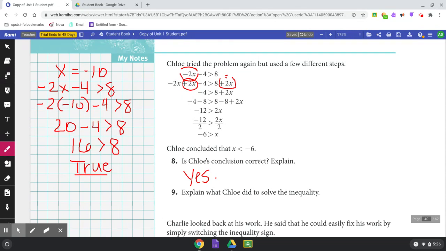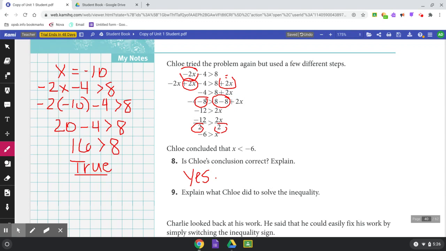But then she subtracted 8 from both sides because she had to move the 8 to isolate the term with a variable. And she got negative 12 is greater than 2x. Then she divided by 2 to get x is less than negative 6.